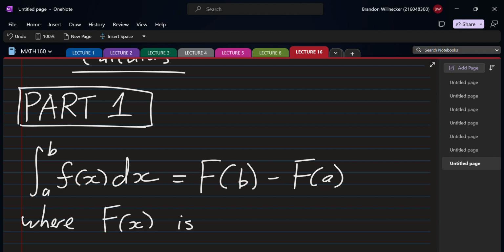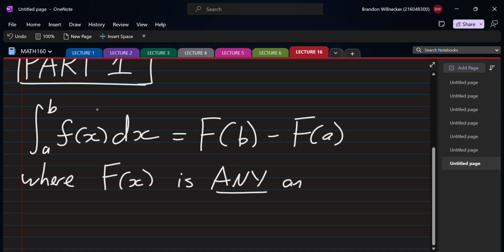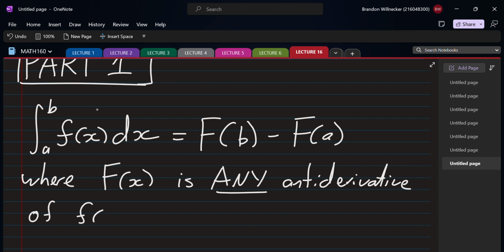where this capital F of x is any antiderivative of the little f. Remember back when I said the antiderivatives will come back again, this is where we're going to be using them. Now, remember when we did antiderivatives, we said the antiderivative was not unique.